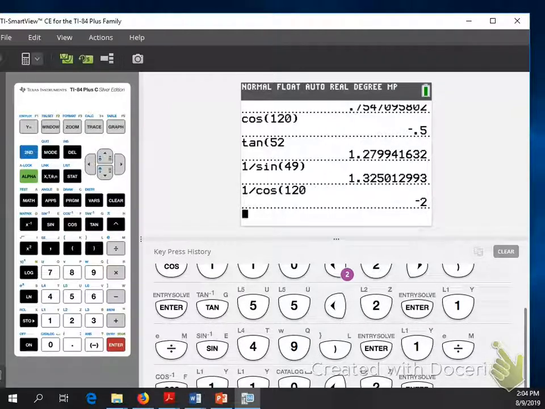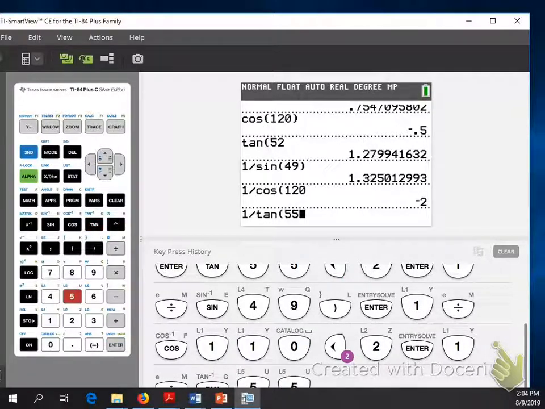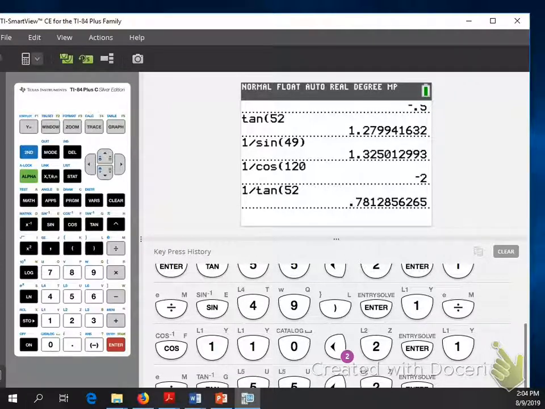And then cotangent of 52 degrees is simply 1 divided by the tangent of 52 degrees. Okay?